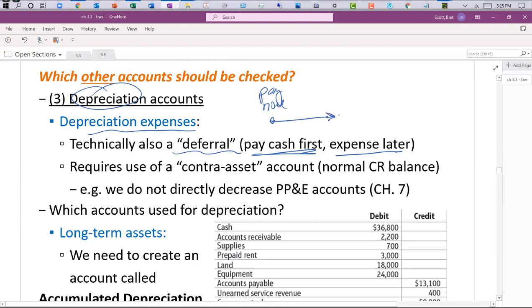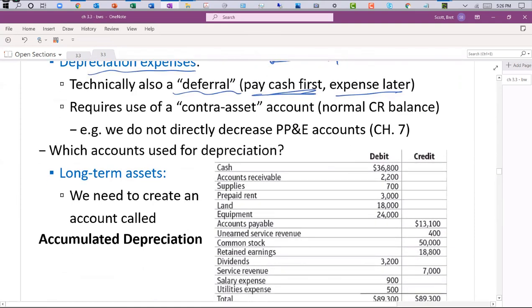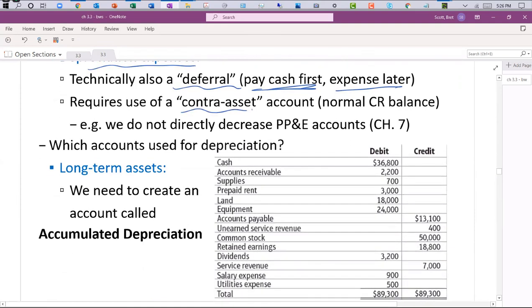But as time goes on, periodically we have to record an expense for the amount of wear and tear that occurs as we use the computer. We won't expense the whole thing at one point in the future. We'll do it little by little. That being the case, it's kind of like a deferral, but we're essentially spreading out the expense, not taking it all in one chunk. It requires the use of a contra asset account.